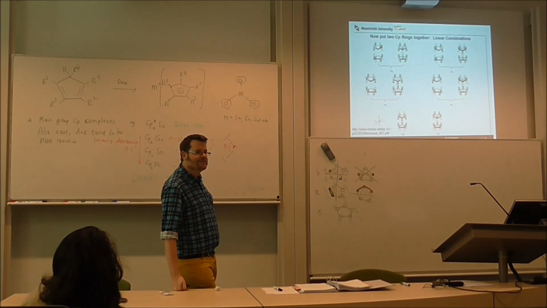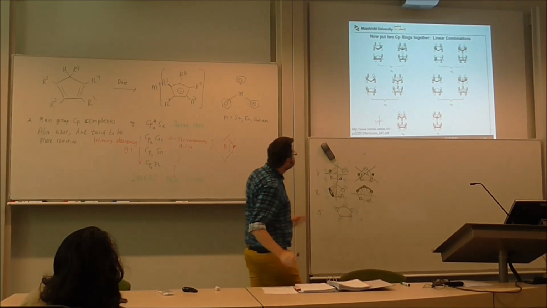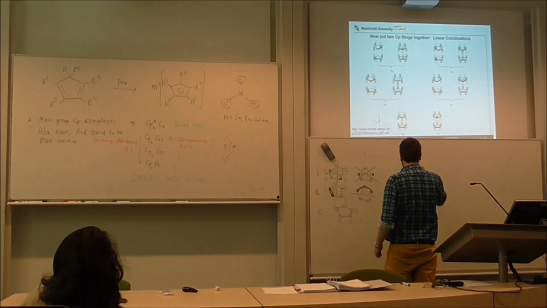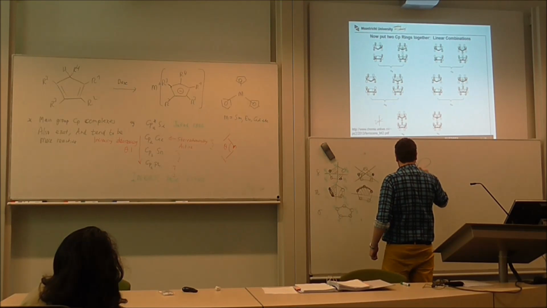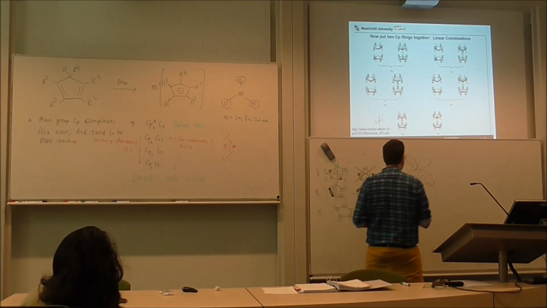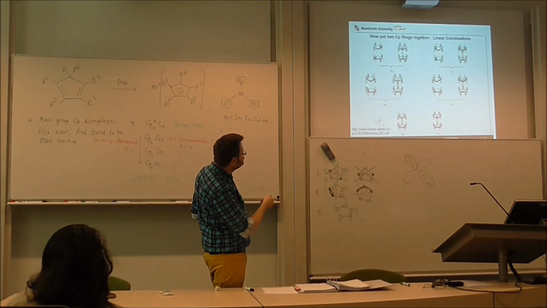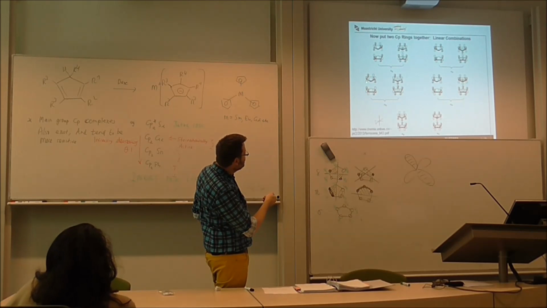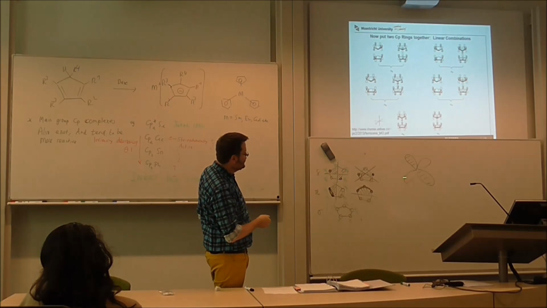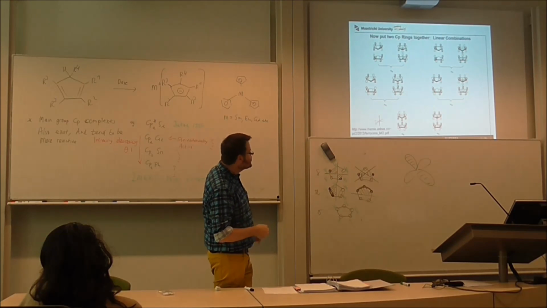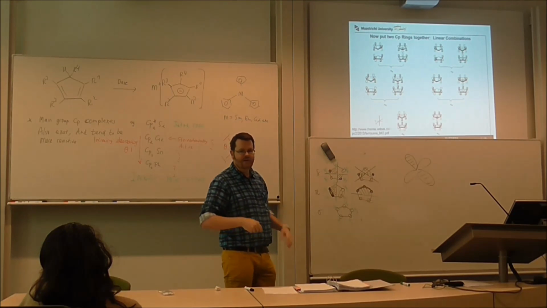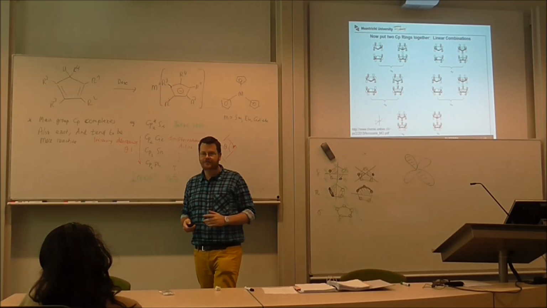A d orbital. Some d orbital will fit in there because remember, d orbitals look like this. If you look at how this is shaded, we've got white, white, black, black. And that's what we have there. So if I put a d orbital in there, one of the d orbitals should fit.